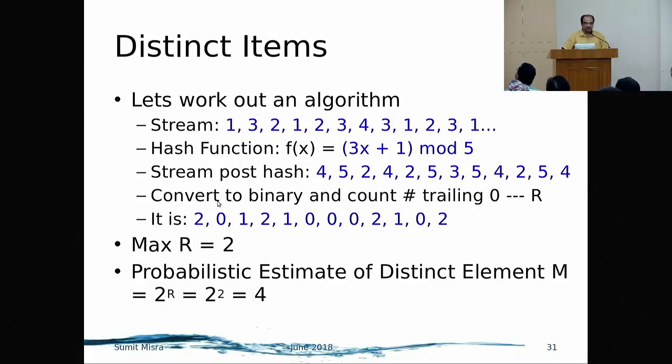Then you convert it into binary and put down the number of trailing zeros, the last zeros. For example, if it is 4, that is 100 in binary, so you have 2. These are the trailing zeros. If you take the maximum of these, you get a number r, which is 2, and if you raise 2 to the power of r, you get 4.